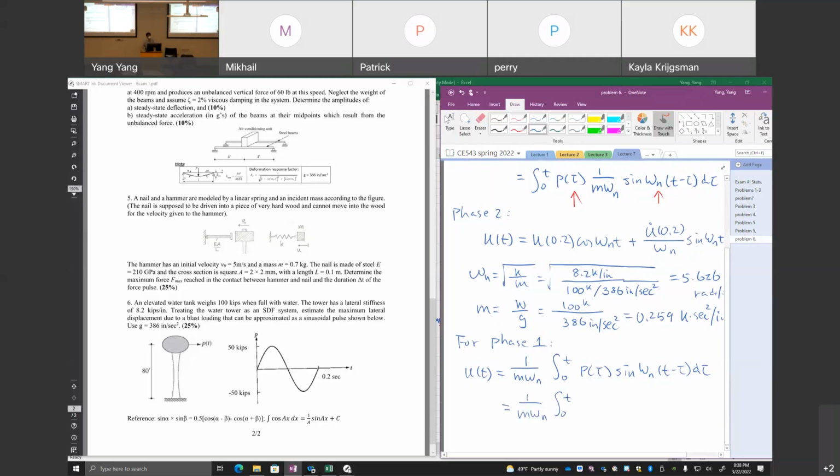What is the function of the impulse in terms of time? That should be 56 times sine of 2 pi t over 2.